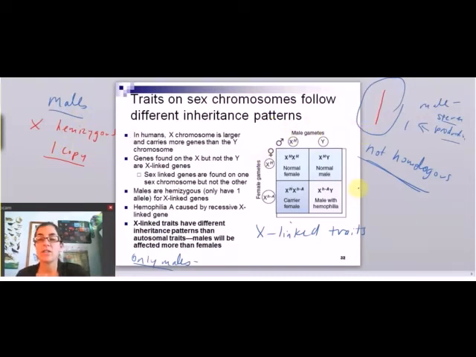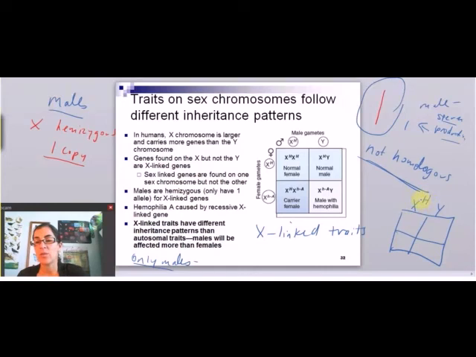You can do Punnett squares with sex-linked traits, just like you do with regular traits. The only thing is that you're going to now track sex chromosomes at the same time. So if you have a normal male for a trait, this is for hemophilia, so he has the normal version of the gene, and it's carried on the X chromosome.